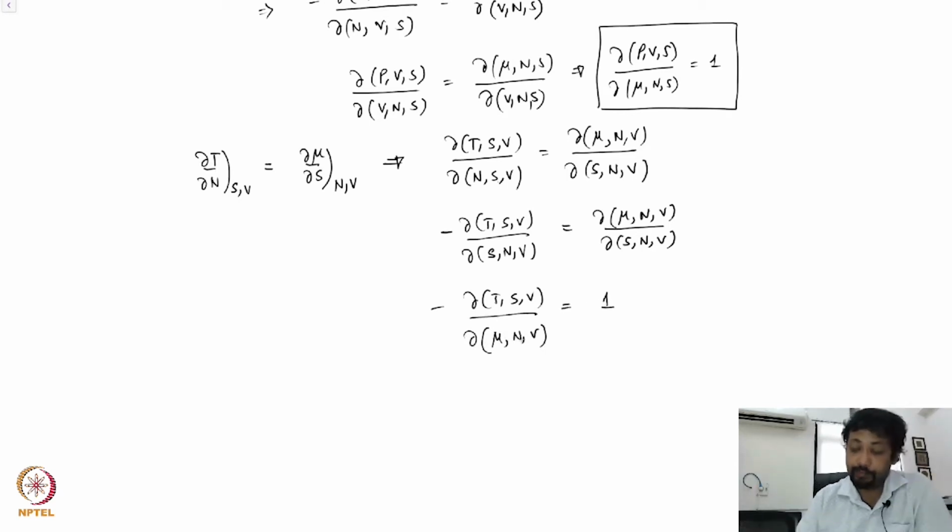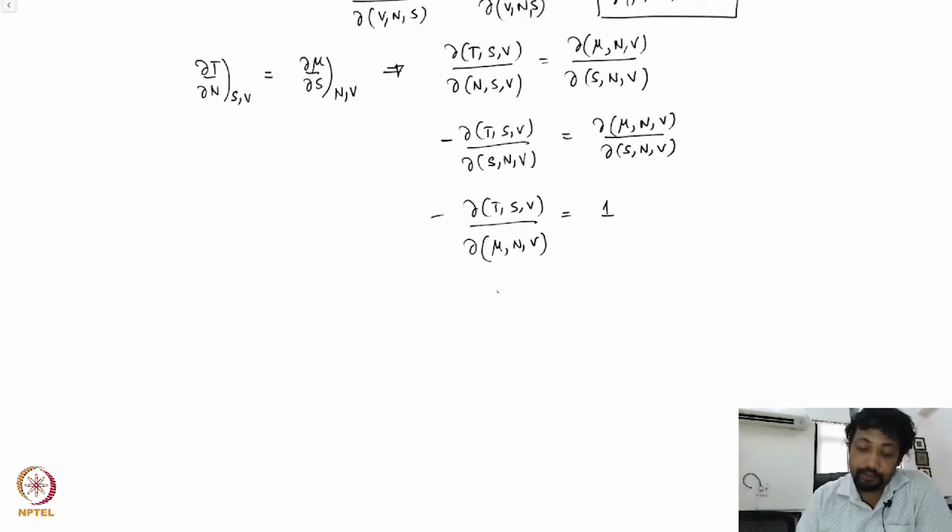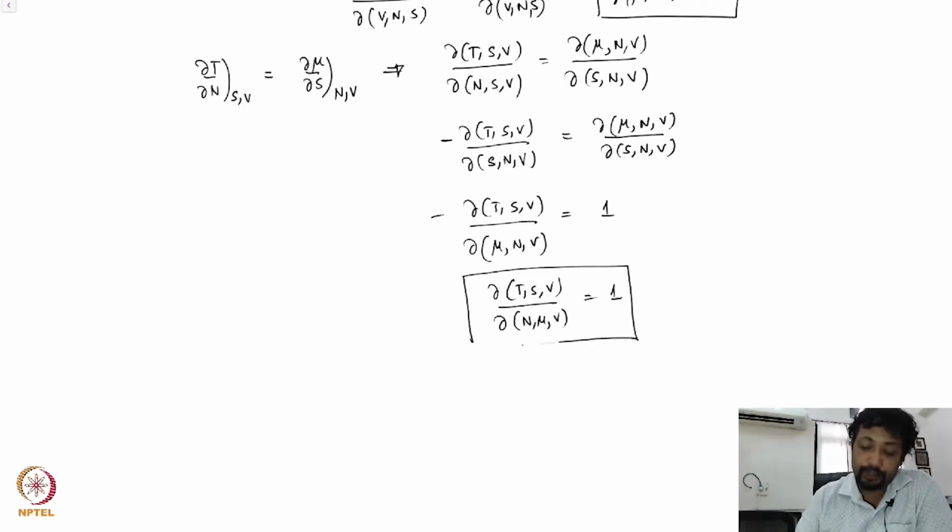I can interchange mu and N here again, so that this becomes T S V, del of N mu V is equal to 1. So this one is your third Maxwell's relation.